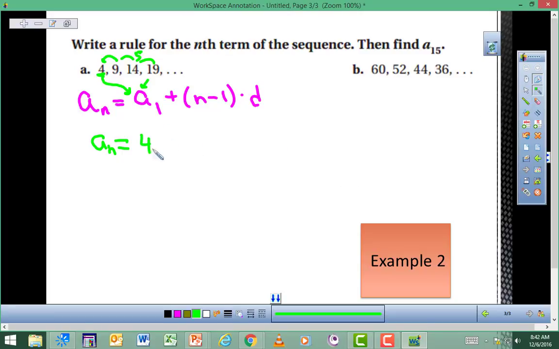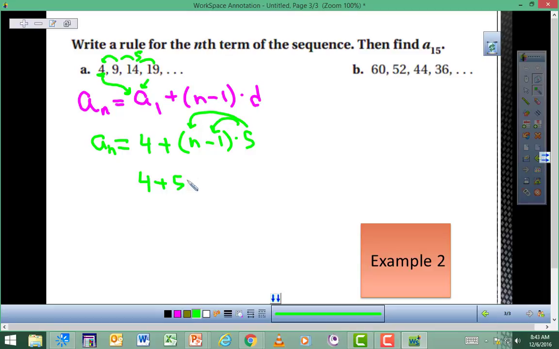This is 4 plus n minus 1 times 5. Okay, so now we take this 5 and distribute here and distribute here. And that gives us 4 plus 5n minus 5. Okay, and we could combine like terms here. So we get a sub n is equal to 5n minus 1. Is that right?